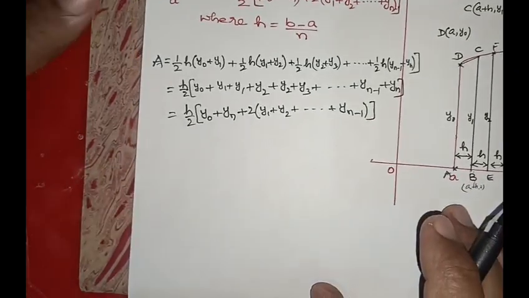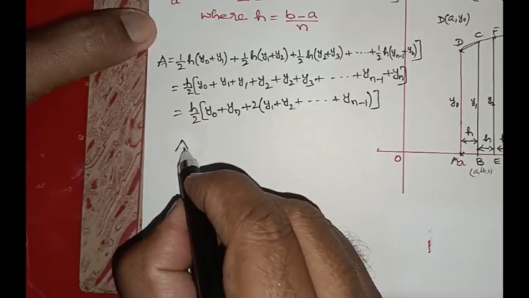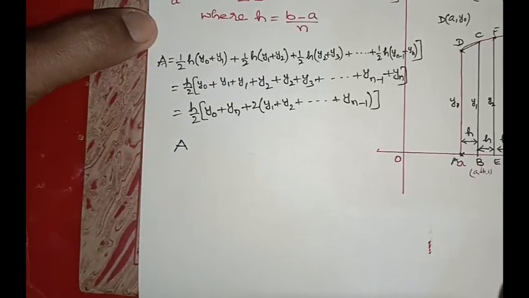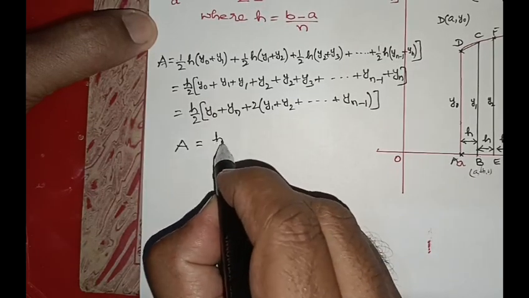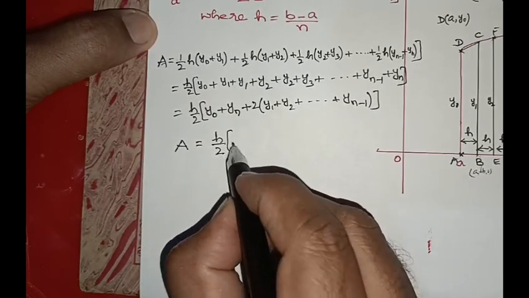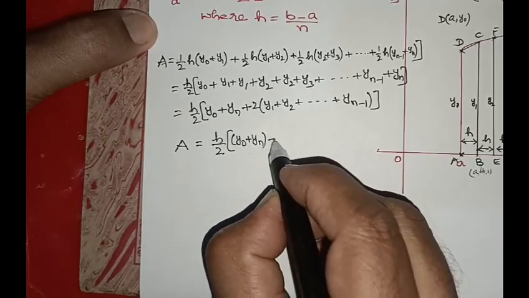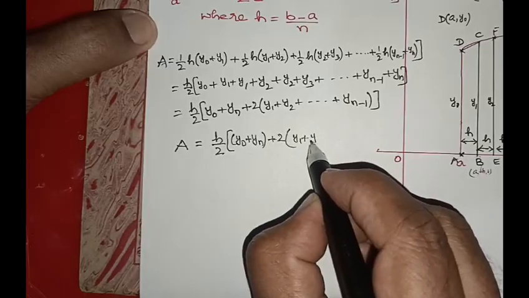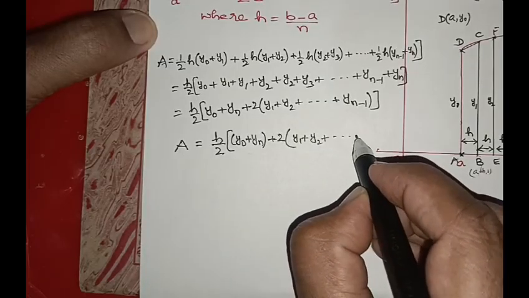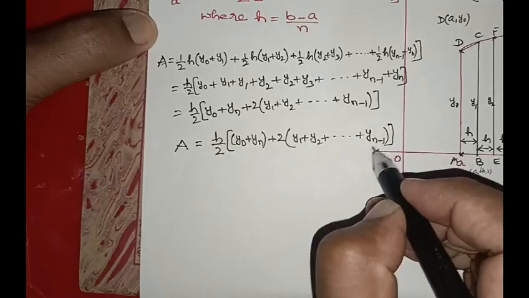This is the sum. So here the area under the curve bounded by x equal to a and x equal to b, and the x-axis is h by 2 times y0 plus yn plus 2 times y1 plus y2 and so on plus yn minus 1.